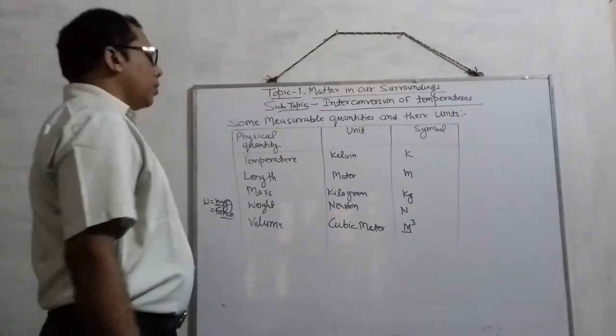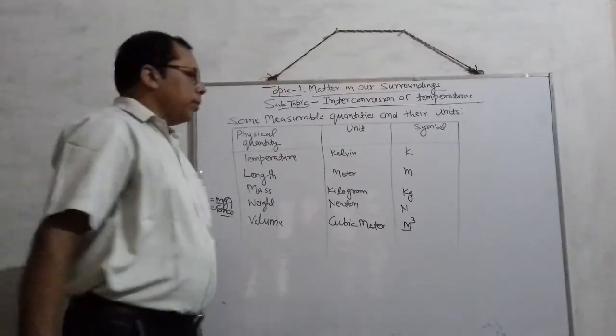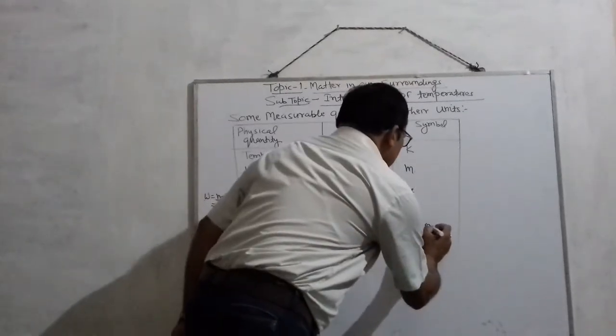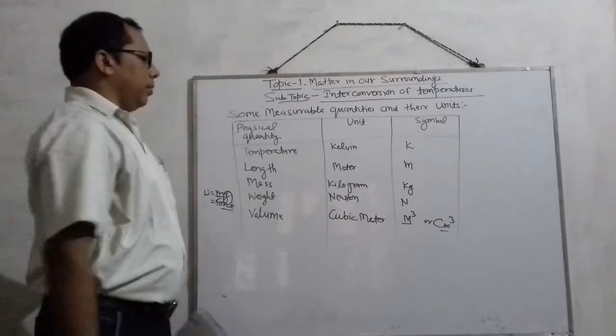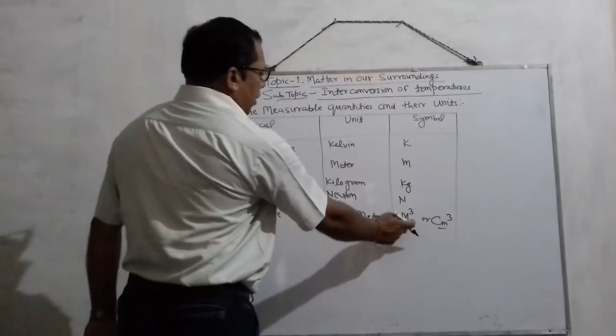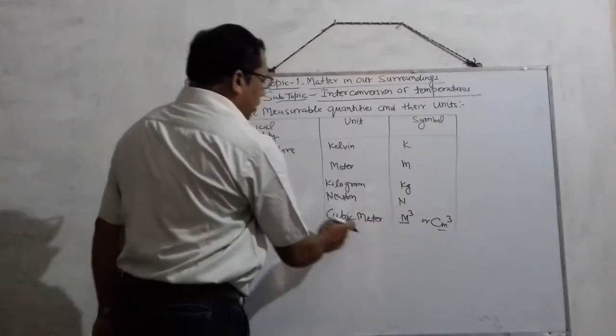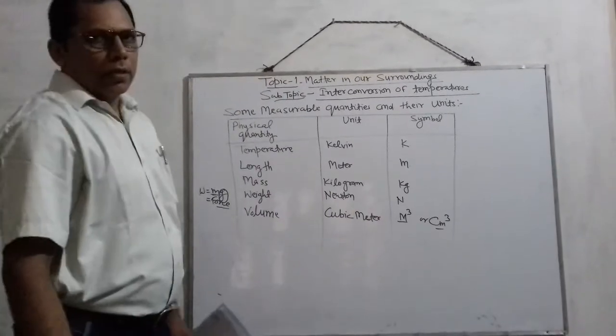If m cube is written anywhere, it means cubic meter, and if cm cube is written, that is cubic centimeter.